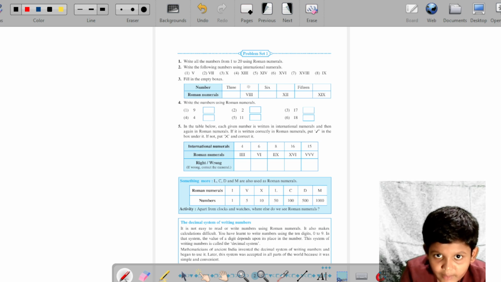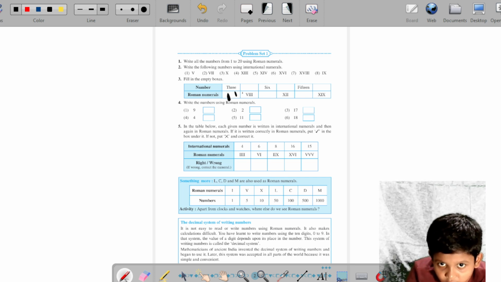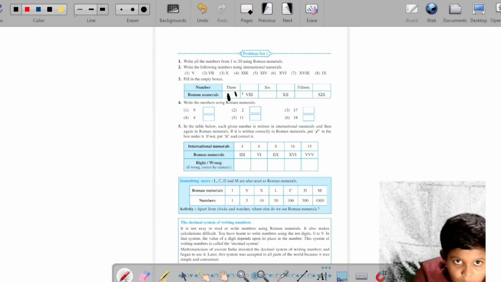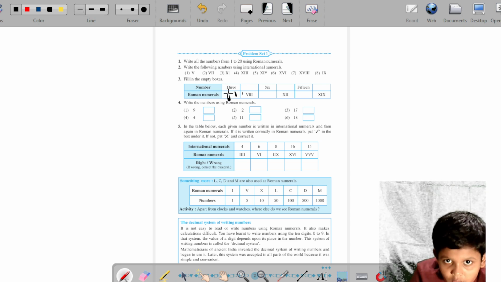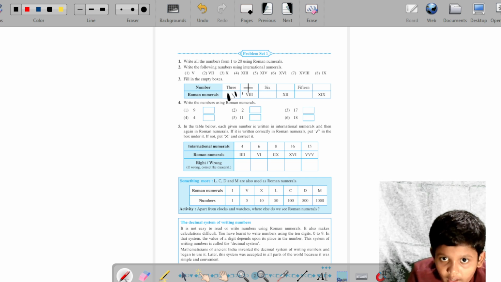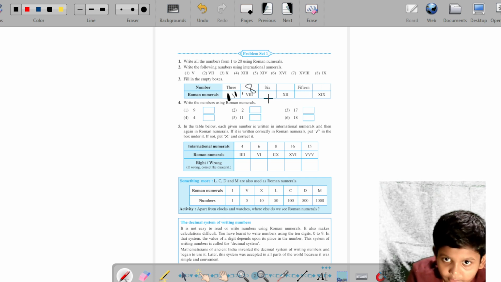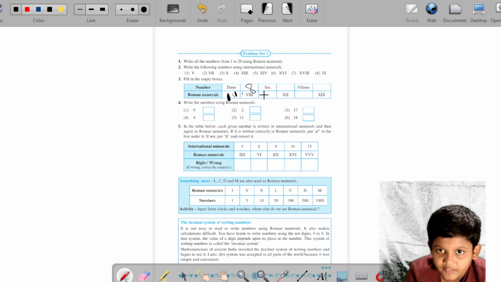Fill in the empty boxes. 3. Now how do we write 3? And this one is VIII, 8. And here they have given 6.